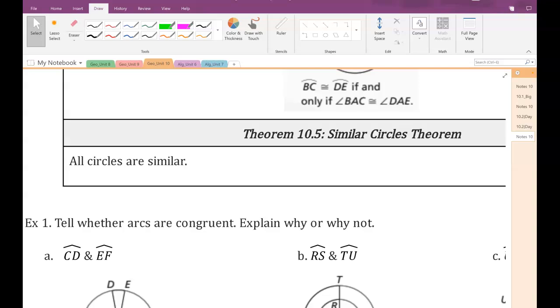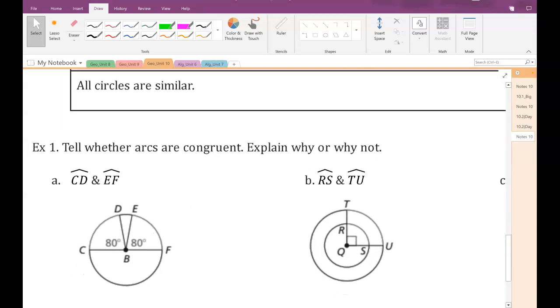A circle is always going to look the same. You can have different sizes of a circle, but whether you shrink it or expand it, all circles are similar, or they're all proportional to each other. I think that takes the cake as our shortest theorem of the year. I don't think anything's going to top that.